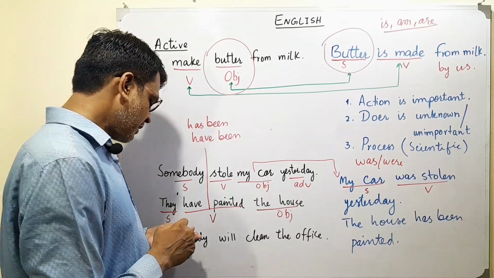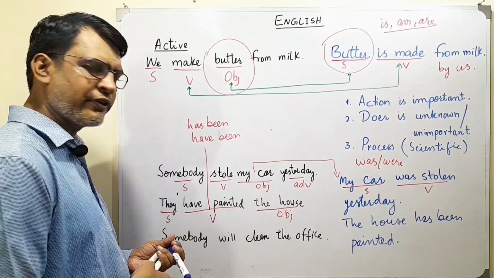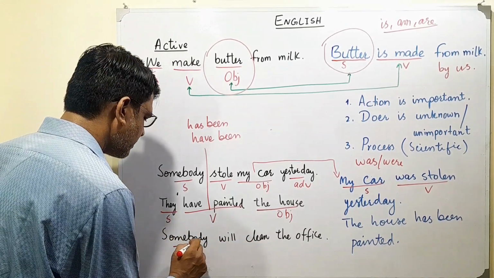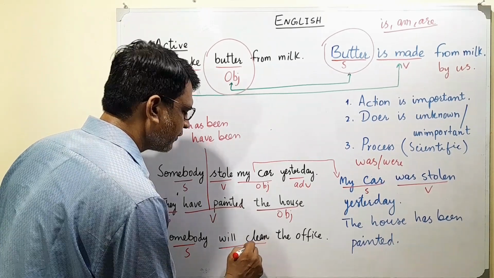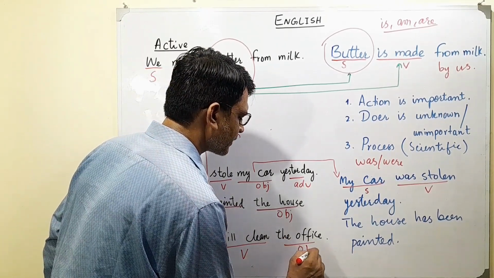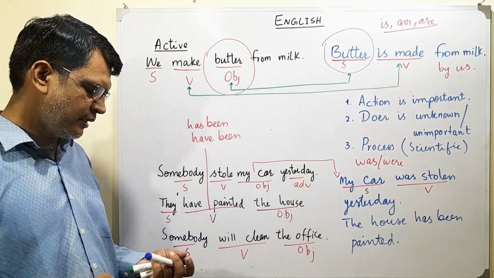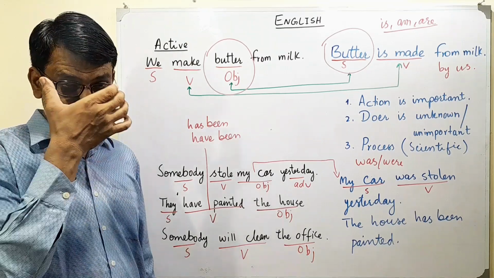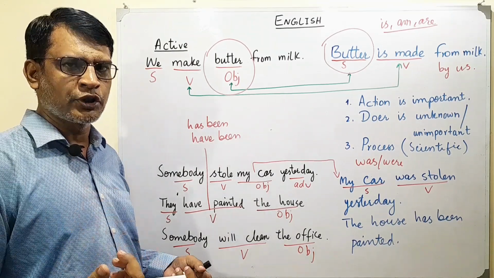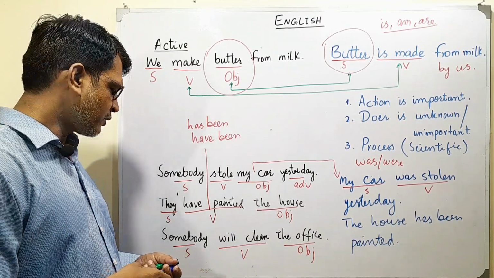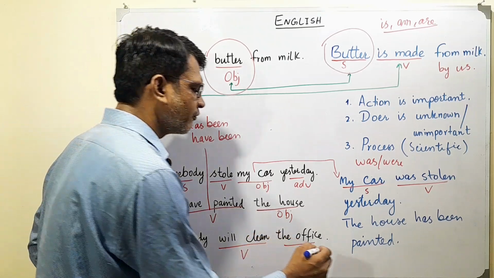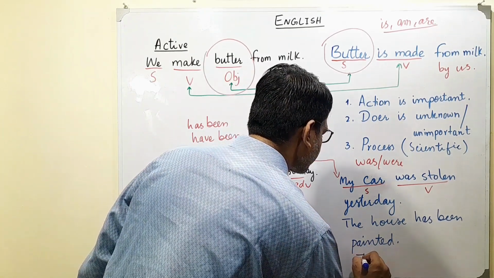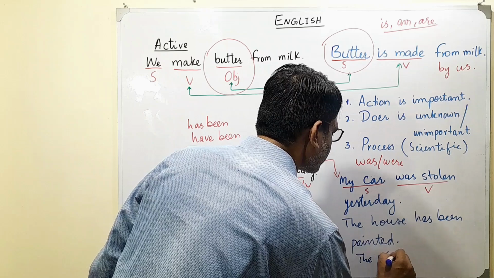Then we have, somebody will clean the office. This is subject, verb, and object. Somebody will clean the office. Now, this is a sentence in future tense. So we say the office.